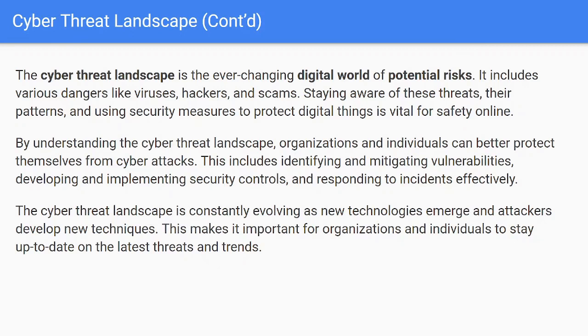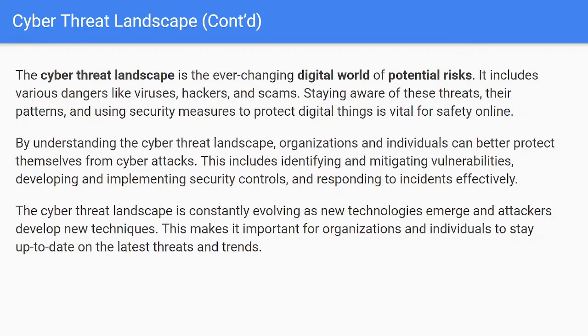When you understand what cyber threats and viruses are, and how they are changing, for example the virus that was in vogue 10 years ago is a different kind of virus now, an organization or even you as an individual can better protect yourself in this digital world.